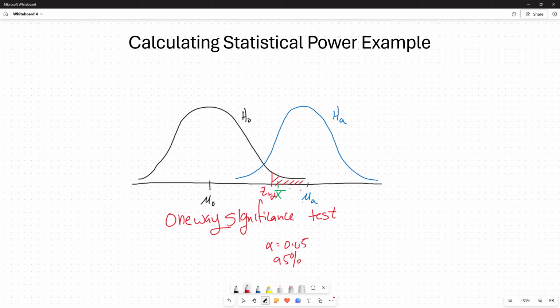So that represents our type 1 error. If the Z value for X crosses that threshold, and in fact that sample came from this null distribution, then we still have this 5% chance that we're going to incorrectly reject the null hypothesis, a type 1 error.